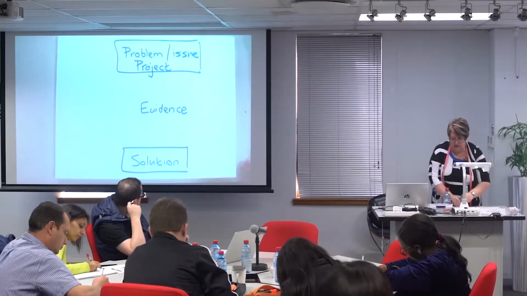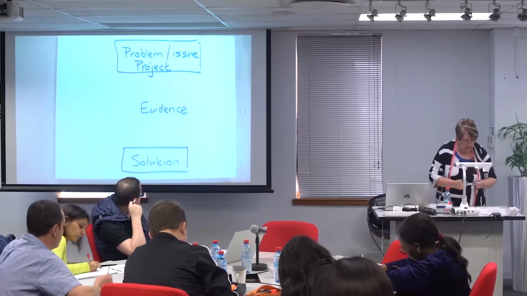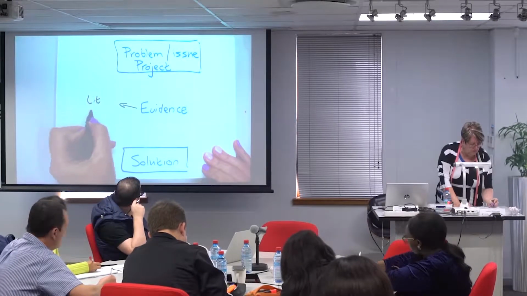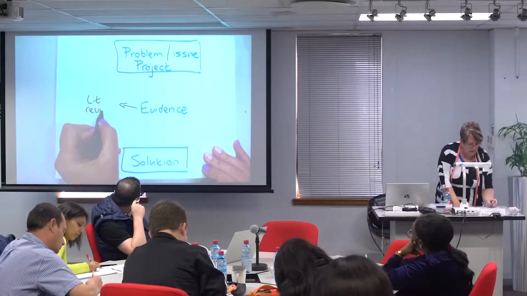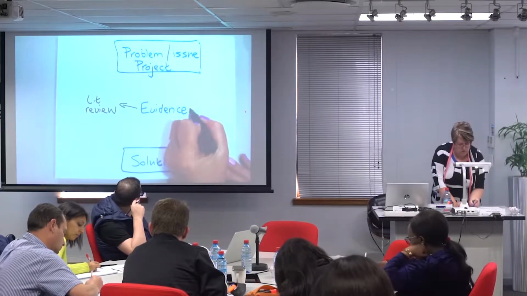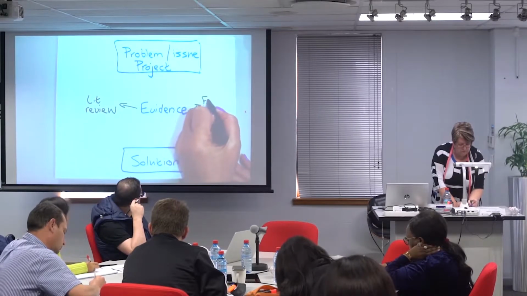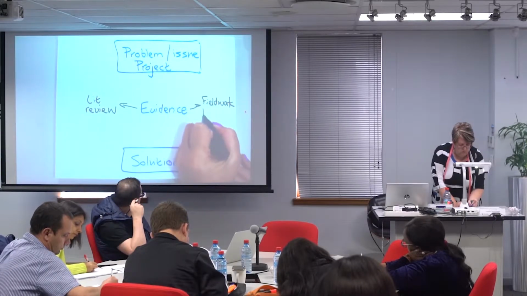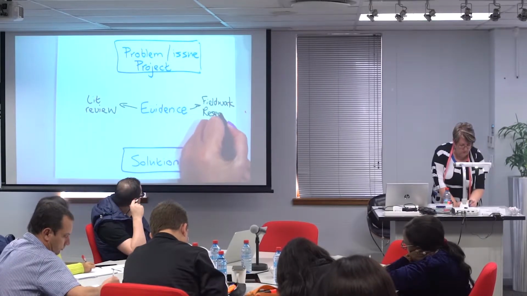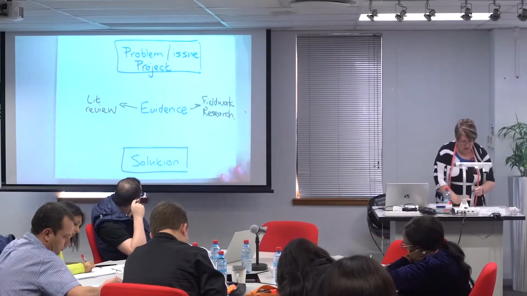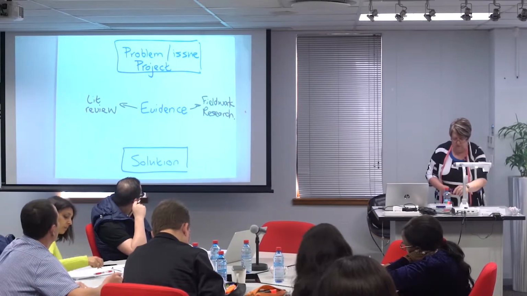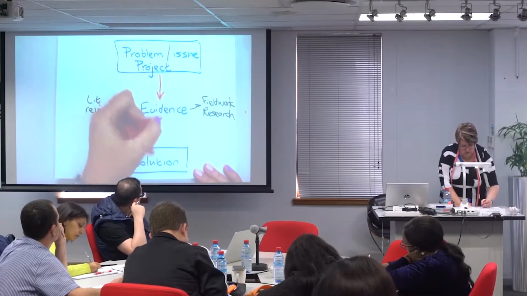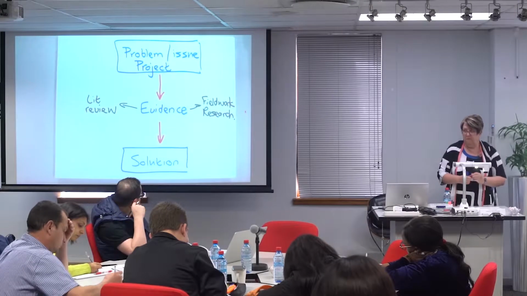And to get that evidence, you can go two ways. You can do a literature review, and you can also do some field work or research, as it's called as well. And this is going to assist you to get from the problem to the solution.